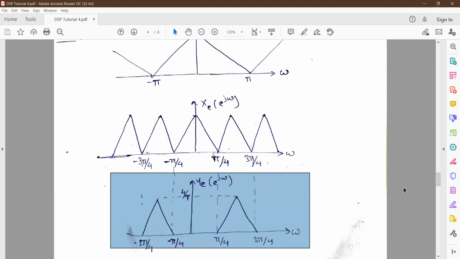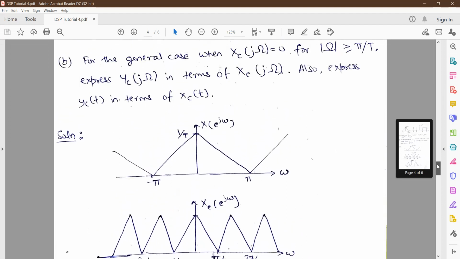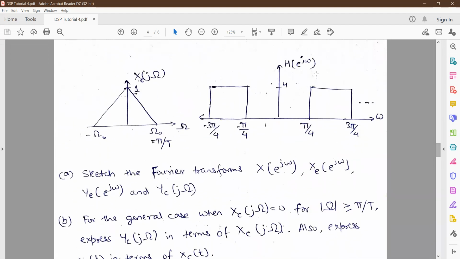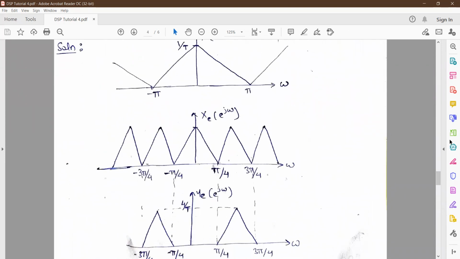And also note that the amplitude is scaled by a factor of 4, which is obvious because this H(e^jω) has a factor of 4 here. So this is Y_e(e^jω).